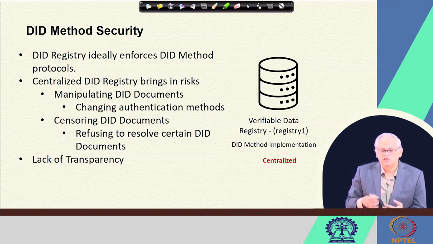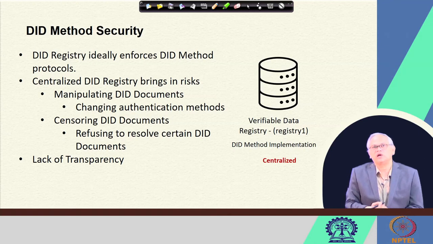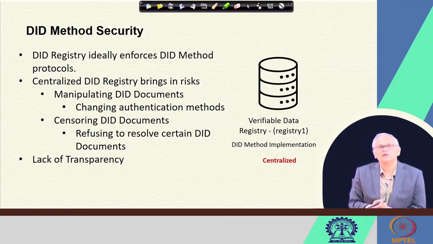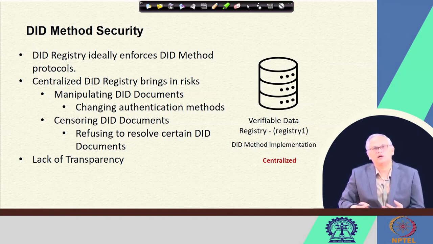So, if this DID registry itself is centralized, we have problems, and then one can manipulate the DID documents and change the authentication methods, and it might lead to denial of service, because if somebody can change things there, then the digital signature will not match.